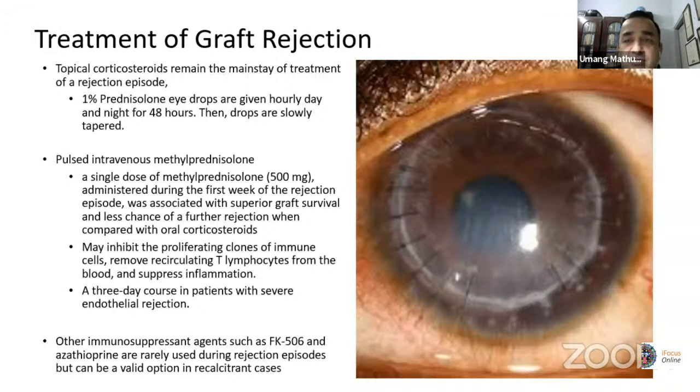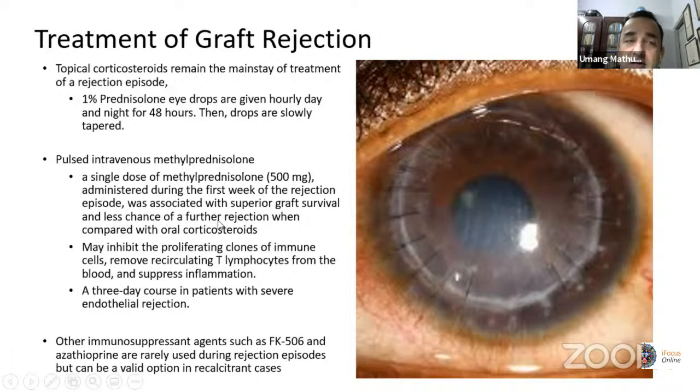So treatment of graft rejection is largely topical steroids. 1% prednisolone eye drop has to be given very frequently, and that is the mainstay of treatment. On top of it, one could give IV methylprednisolone, at least one dose if the patient comes in the early part, but preferably 3 doses of 500 milligrams of IV methylprednisolone over 3 days.